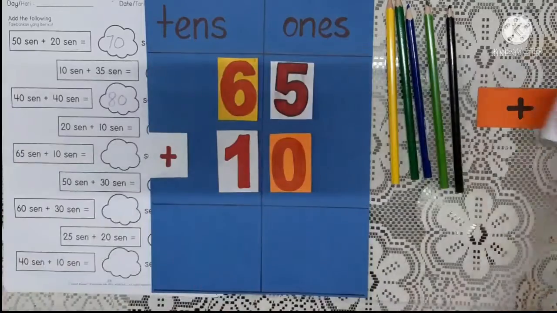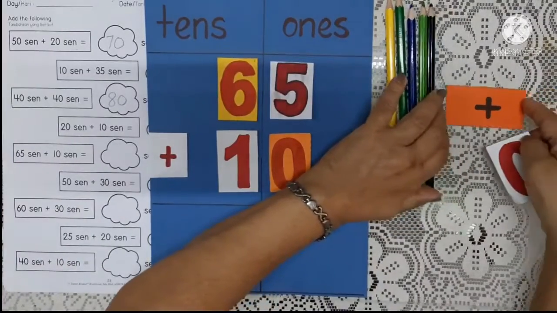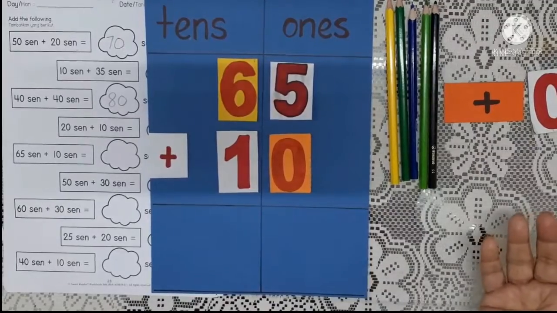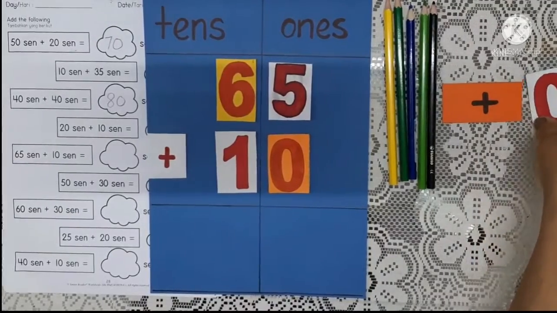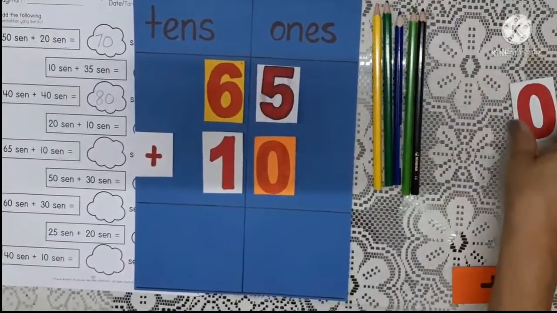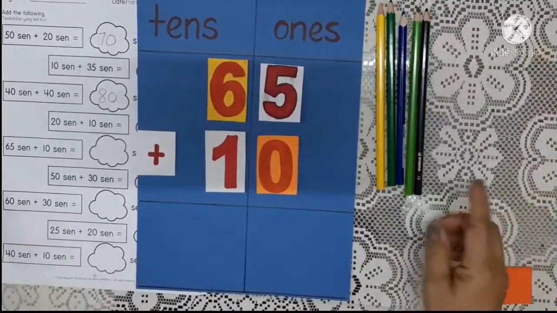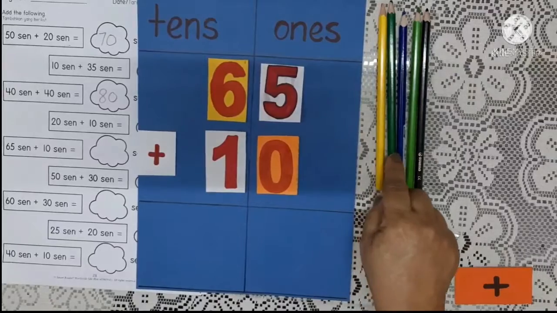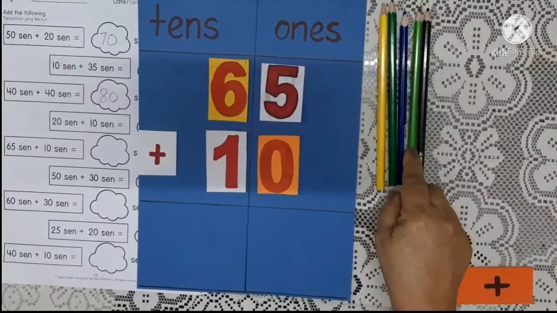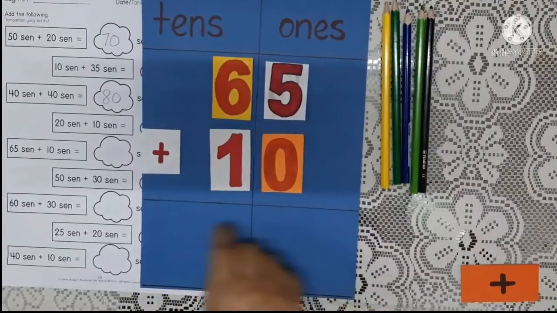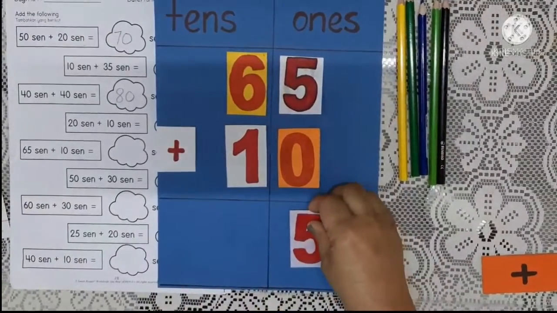And 0. There is nothing there. So what is the total amount? 1, 2, 3, 4, 5. 5. So 5 plus 0 equals 5.